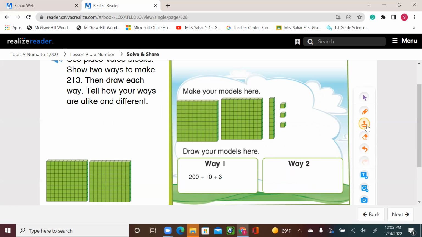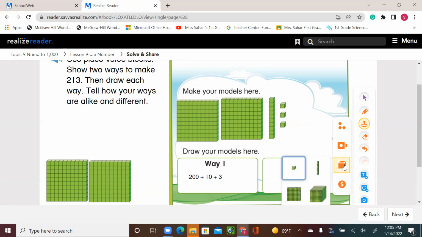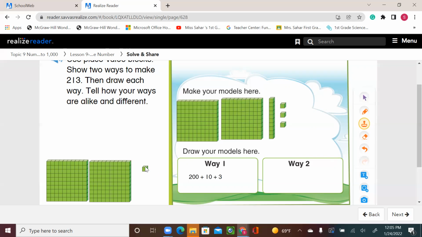And then I'm not going to have any 10s, and I'm going to have all the 10s break to the ones. So I'm going to put 13 ones. 1, 2, 3, 4, 5, 6, 7, 8, 9, 10. This is the 10 that I broke to ones, and then my 3 ones.